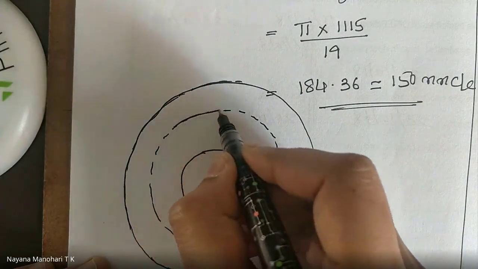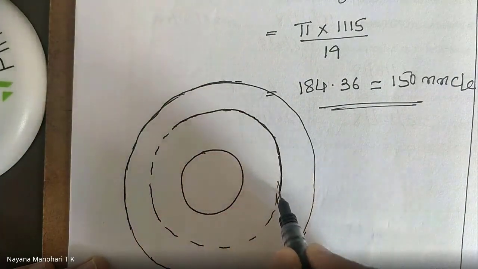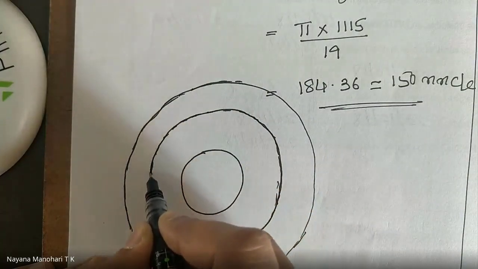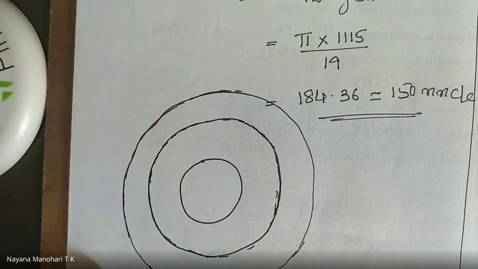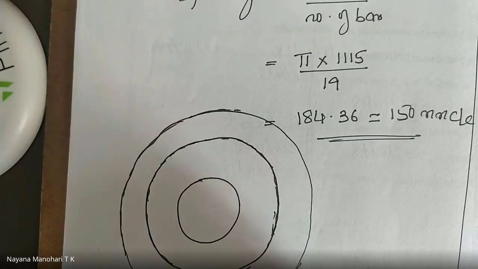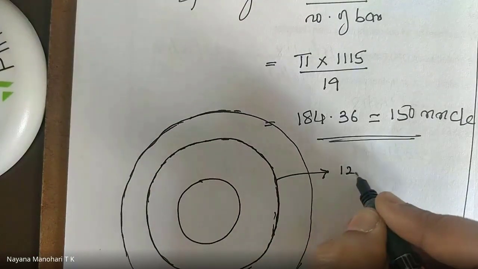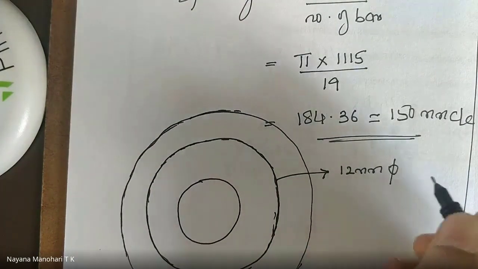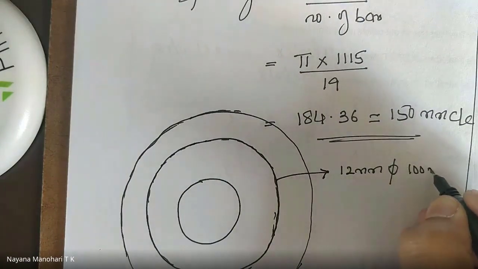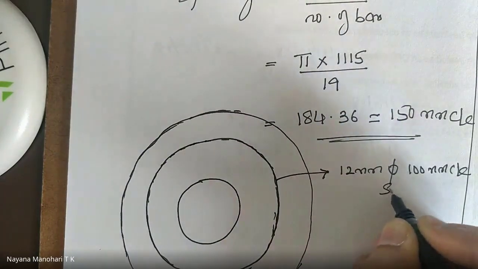Okay, this is your spiral reinforcement. How much is the dia? 12 mm dia, 100 mm center to center spiral.